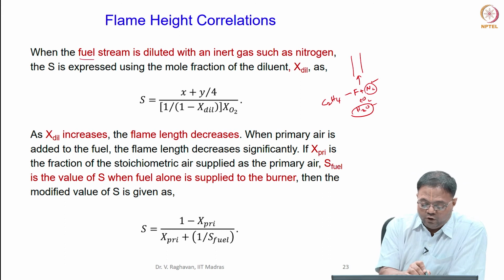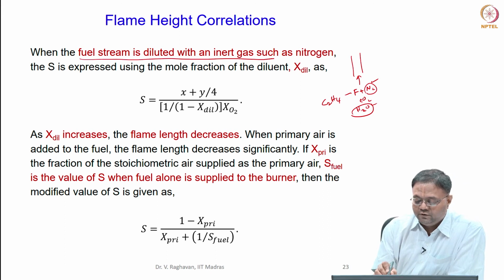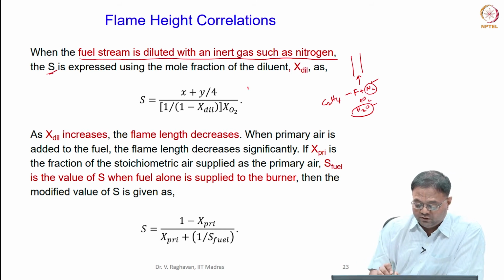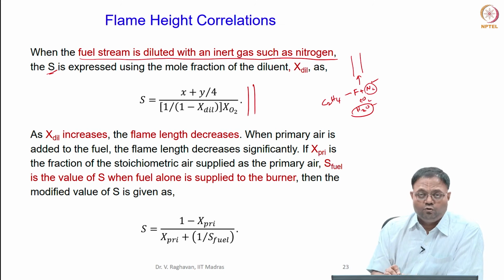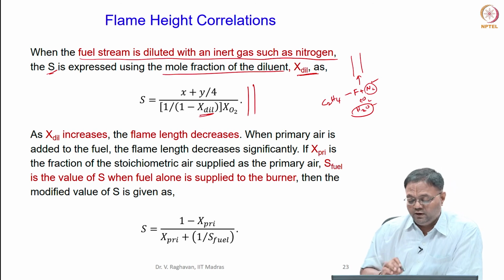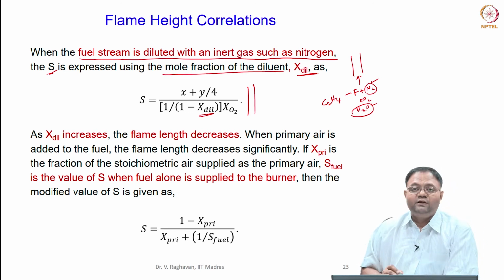When the fuel stream is diluted with an inert gas, such as nitrogen or the other gases I mentioned, then we have to recalculate using this expression, where S is equal to X plus Y by 4, same as before, but in the denominator, instead of just XO2, I have 1 by 1 minus X diluent into XO2, where the mole fraction of the diluent is X suffix DIL.